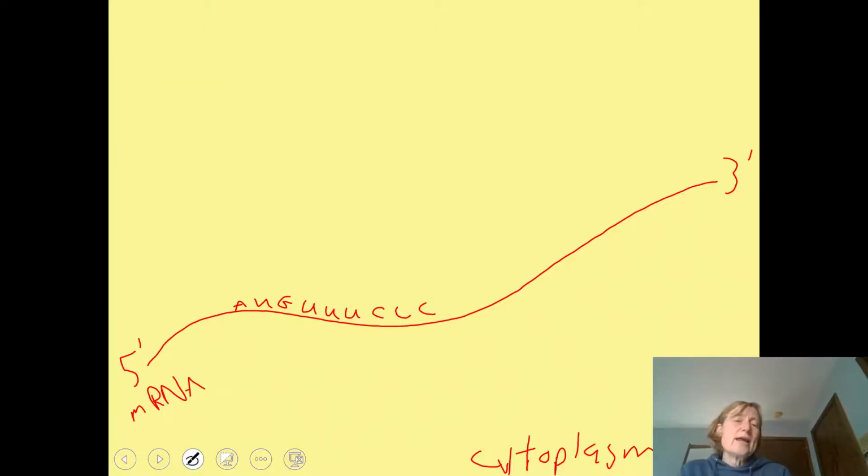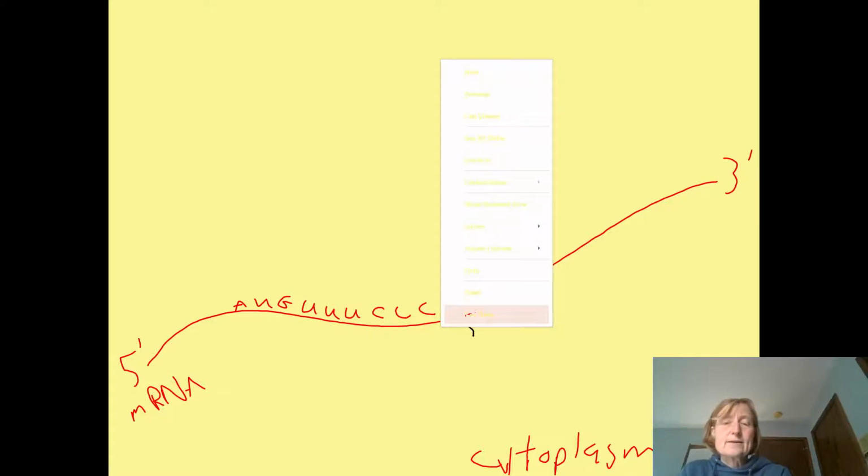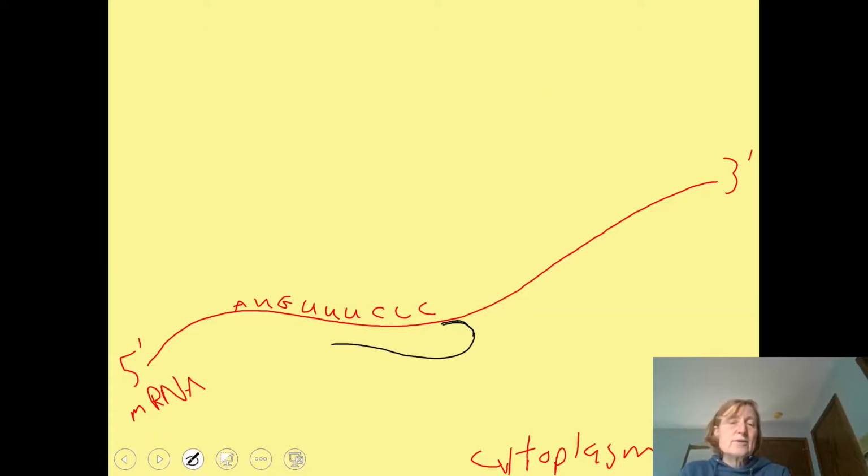What happens when this mRNA molecule is translated, the first thing that happens is the small ribosomal subunit binds to the mRNA molecule, all right? Then a tRNA molecule, we call it the initiator tRNA molecule, that recognizes the codon AUG, binds to our complex.